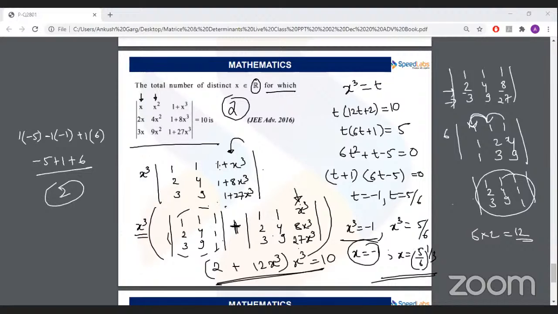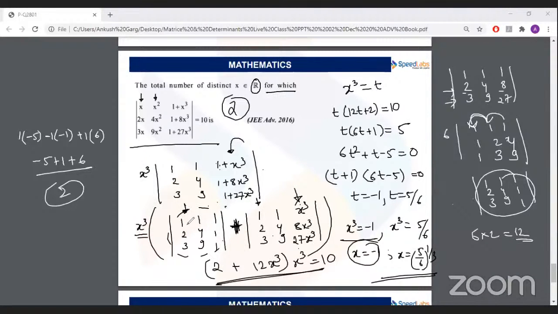Yes, Kritika. So if we add these two determinants normally, like we would do, won't we get two extra? Like 1 plus 1 will become 2, and then 2 plus 2 will become 4. No, no, that you can't do. You can't simply add all the rows and columns. That is not how you add two determinants.